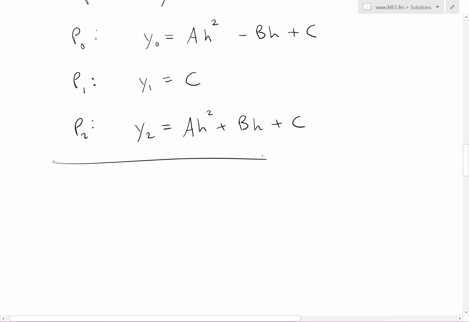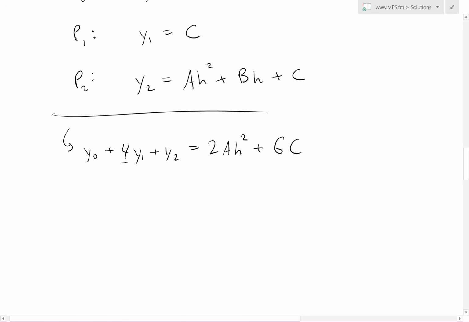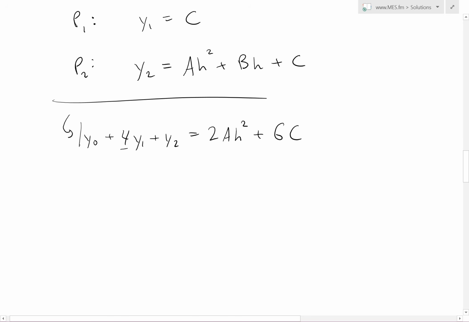So what this means is y0 plus 4y1 plus y2 equals 2ah squared, and then we have 4c from the 4y1, and the negative bh and positive bh cancel, so we're just left with 6c, because there's 2 c's plus 4c. So we get this right here.